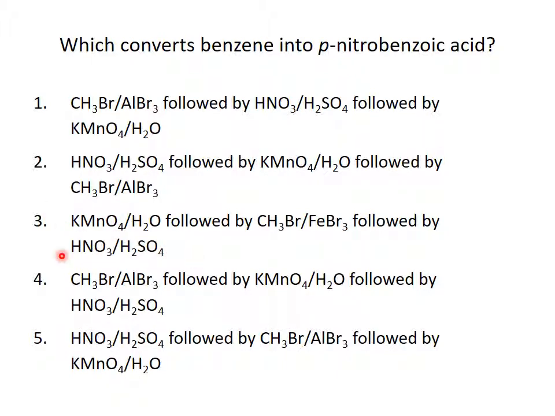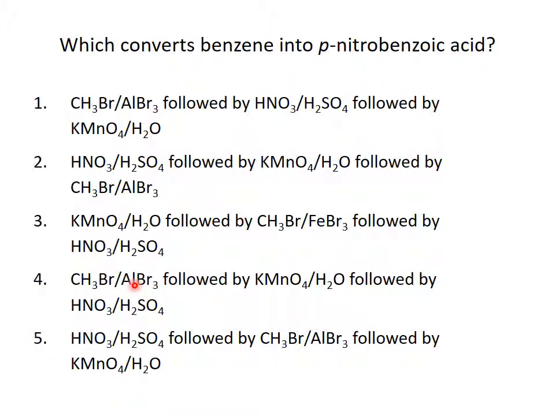So this is not going to be working. If I want to get a para-nitro, I cannot have nitro on first and then do methylation second, because that would make it meta. So anything that starts with nitro we would have to eliminate.